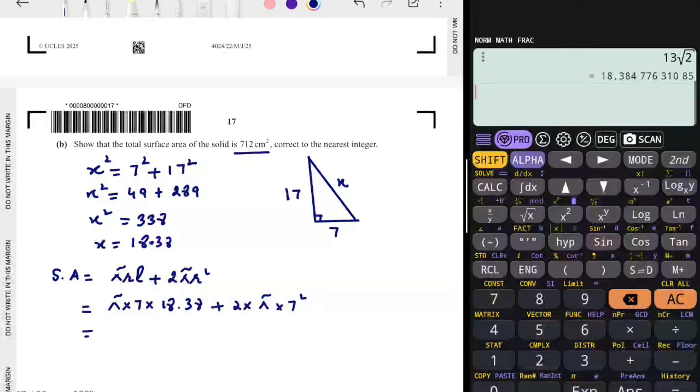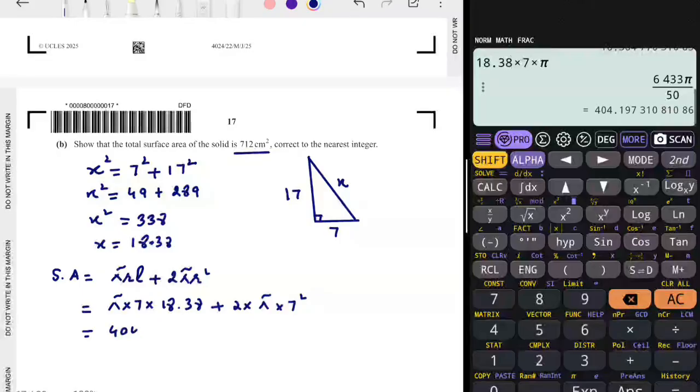This would be 18.38 times 7 times pi. So the answer is 404.19.